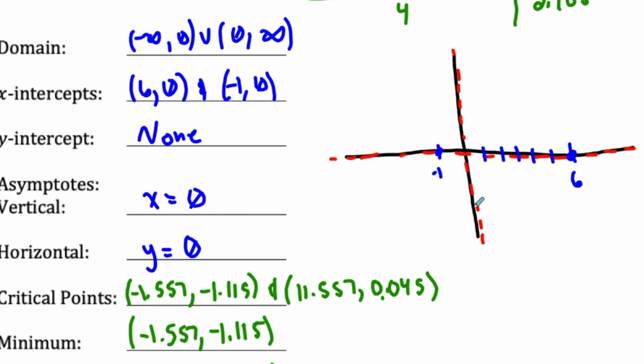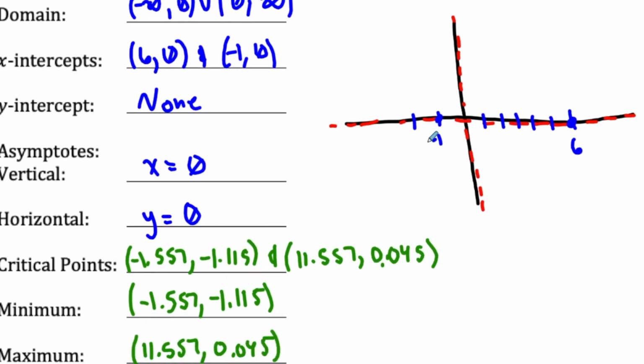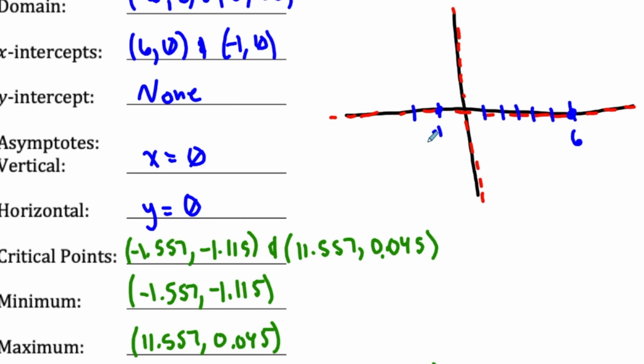So the critical points are where the graph is its highest or lowest. Again, we're talking about local, not absolute, max or mins. So negative 1.4, we'll just call it negative 1.5 roughly. We had a minimum. So let's stretch this out a little bit.